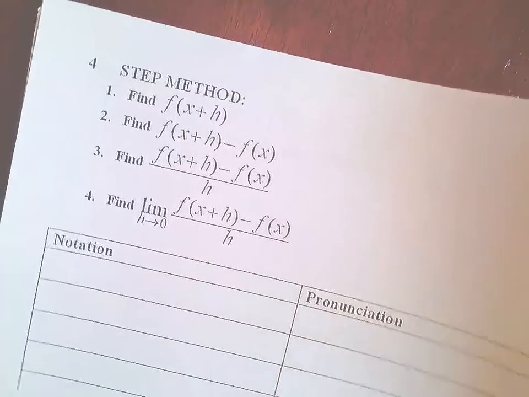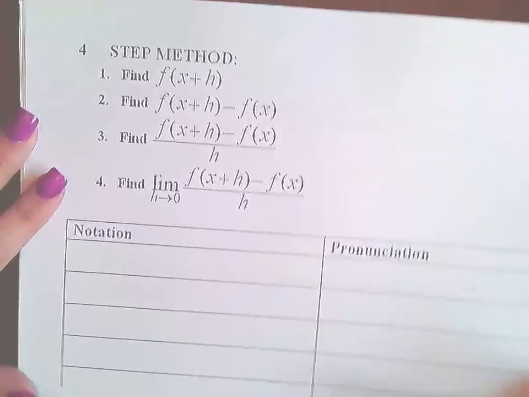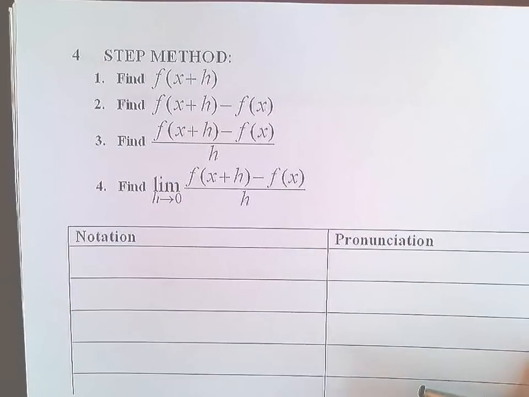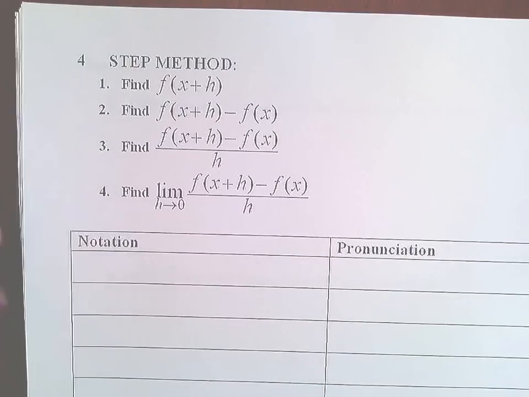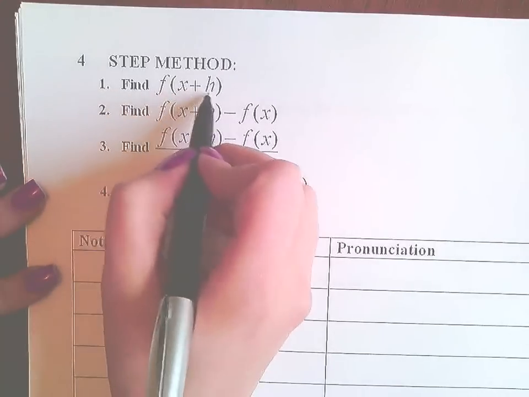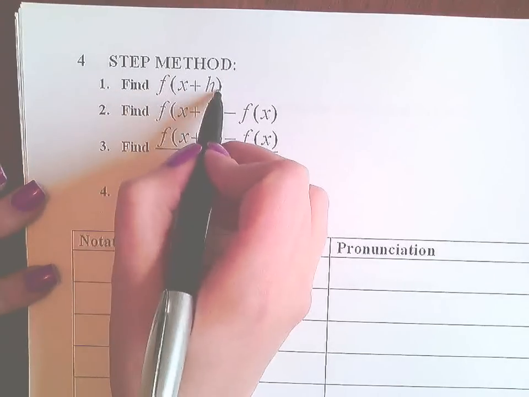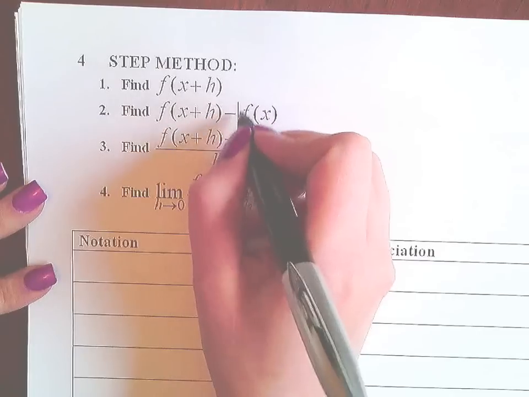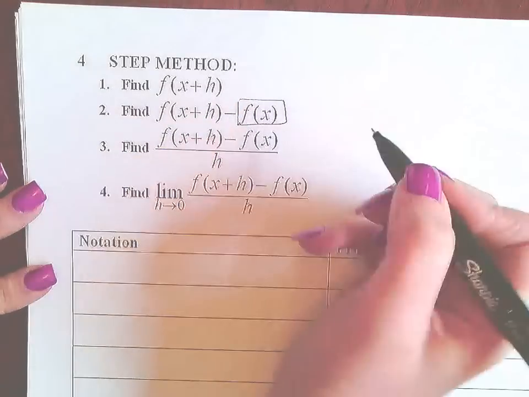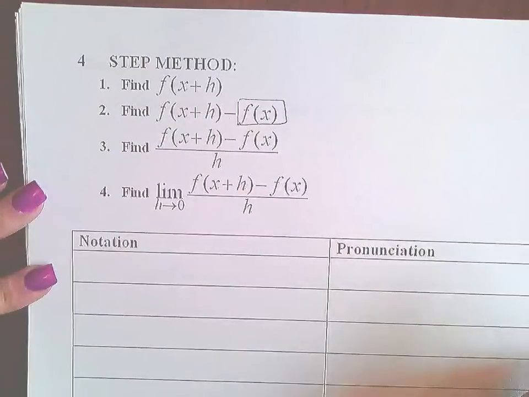All right, so let's go back to this. So this is called the four-step method, which you guys kind of already do in one step already. First, we find f of x plus h, so we plug this in. And then we subtract f of x from f of x plus h.